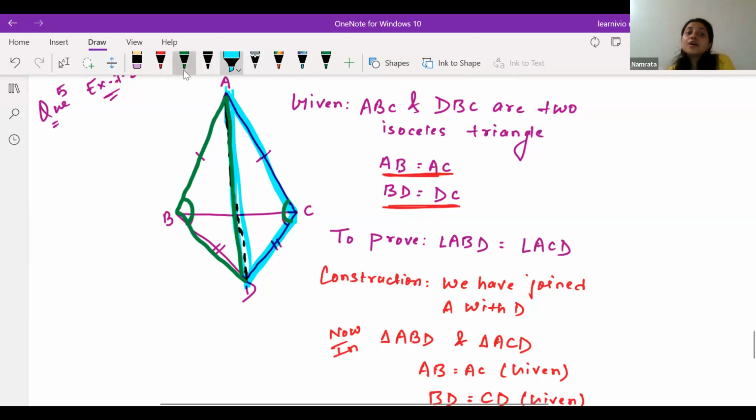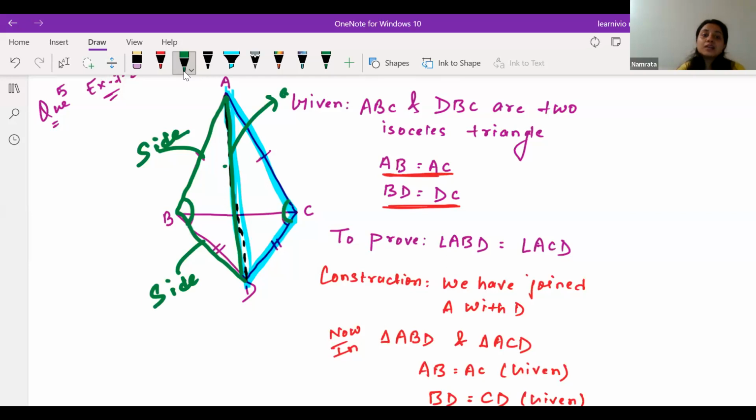Now what I said to you, once you list down everything, get back to any one of the triangles, either the green one or the sky one, and mark everything you have used to equalize, from the given information or by yourself. So I have used this side, this side, and also this green side.